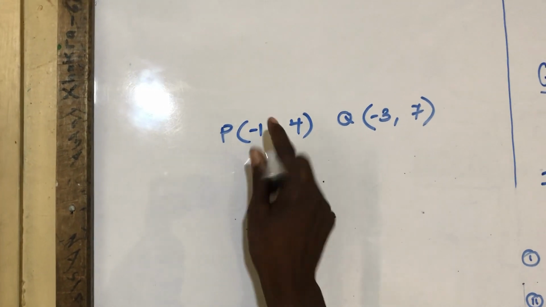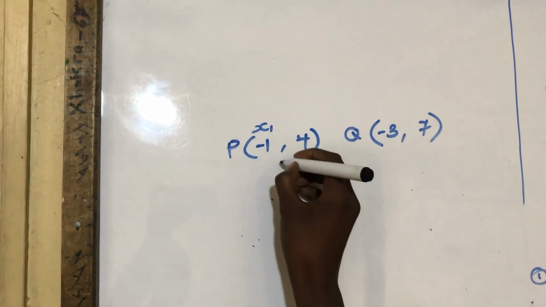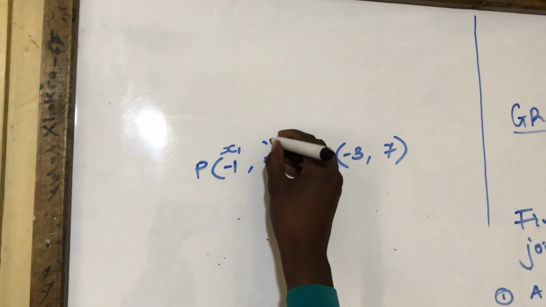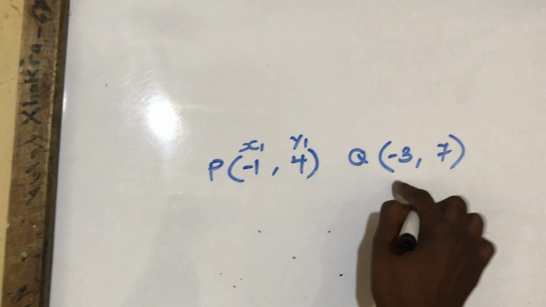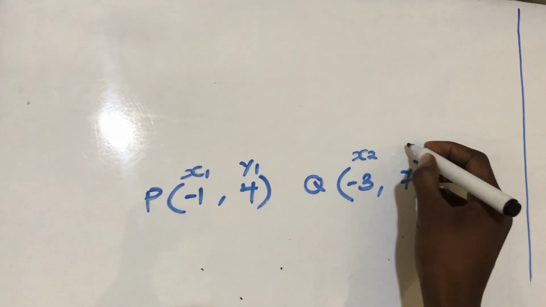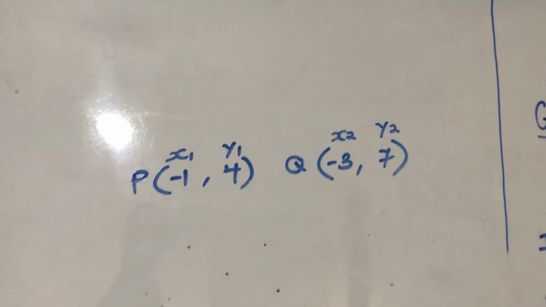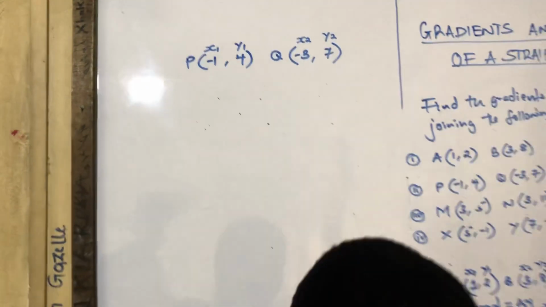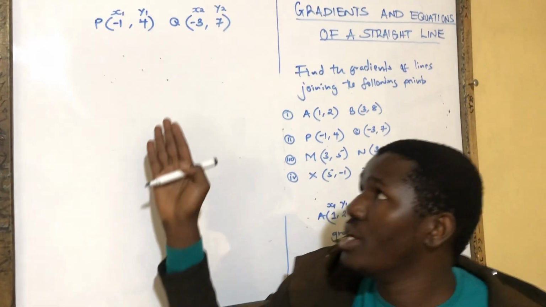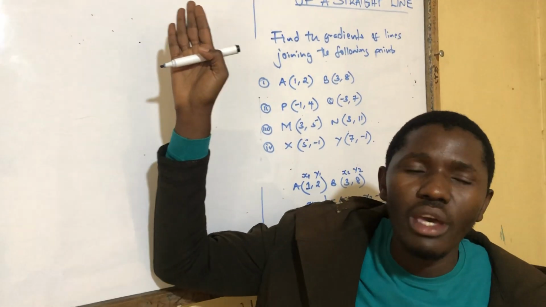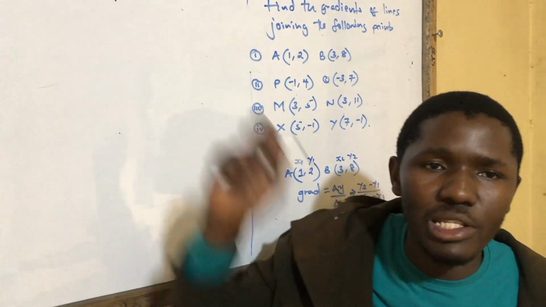So we are going to label this one here as our x1, and this will be labeled as y1. This will become our x2, and this is y2. It is generally a safe practice to label these coordinates. It will help you avoid careless mistakes.